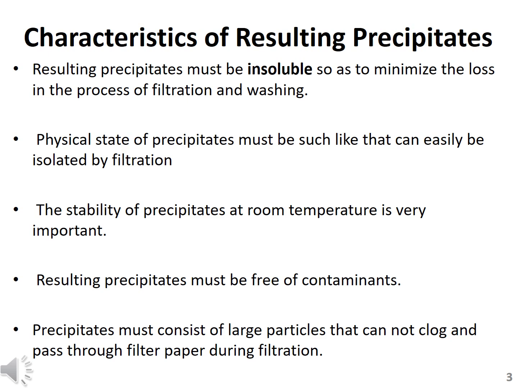In order to avoid this situation, the resulting precipitate should be in larger crystals. These crystals should be insoluble, easily processed for filtration, stable at room temperature, and free of contamination. And these precipitates should be large in size so as not to clog the filter paper.